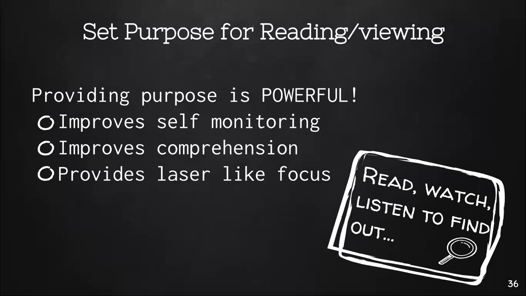This one is seemingly so simple, but so powerful: setting a purpose for reading or viewing. And it really improves their self-monitoring when they know, I'm listening to find out where pandas live. They're not worried about all the extra information. And in that way, it helps them improve comprehension and provides them with that laser-like focus.